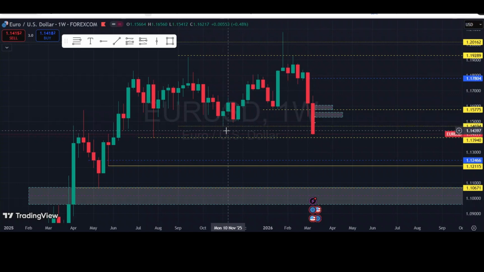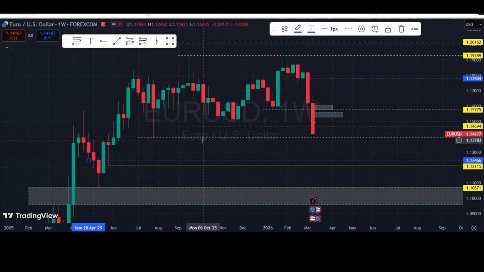So what is our draw on liquidity? Our eyes is on price getting to this low on the weekly, which is the 1.3094. And if it continues to go down, the next will be this other block, which is the 1.12446, and before this low, which is the 1.1211.